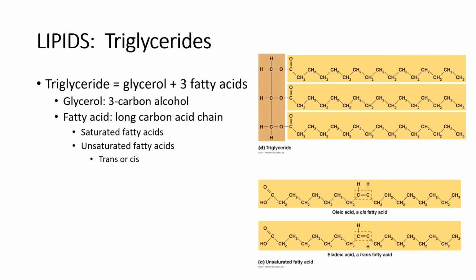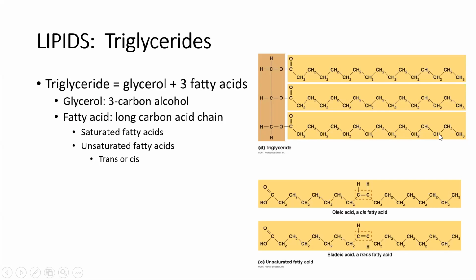Now, among fatty acids, we can have slight differences structurally that bring about large differences functionally. So we can have a difference between a saturated fatty acid and an unsaturated fatty acid. So at the top here, this is a saturated fatty acid. So none of the carbons are bound by a double bond. So if there are no double bonds and there's no opportunity to bind more hydrogens, then we call this saturated.